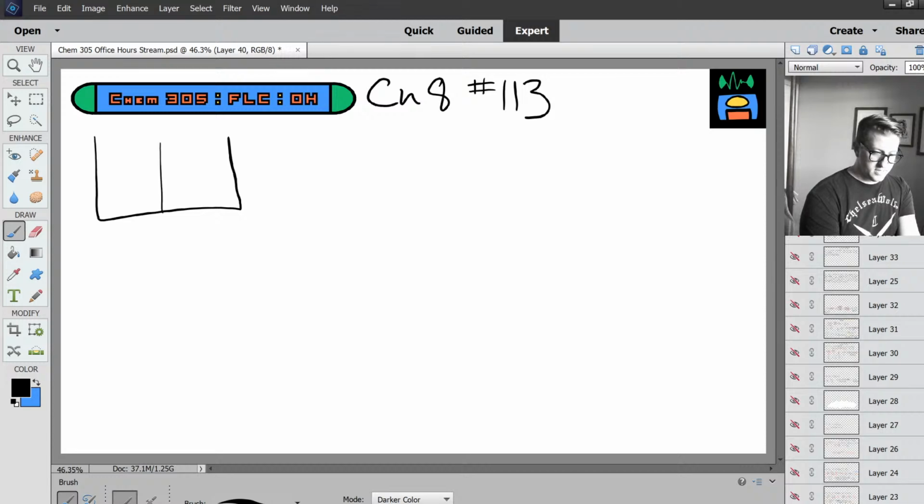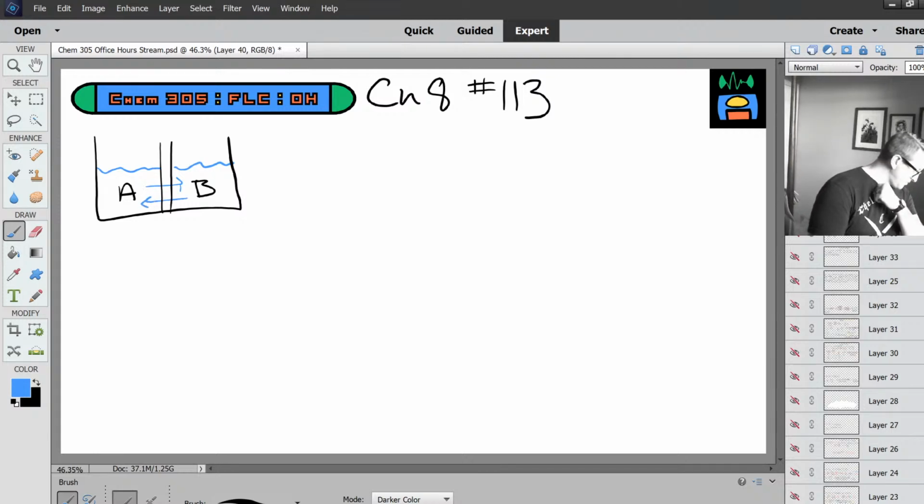So we've got a semi-permeable membrane, solution A and solution B, and the water is free to move backwards and forwards. Based on the following identities for solutions A and B, indicate whether the liquid level in compartment A with time will increase, decrease, or not change.